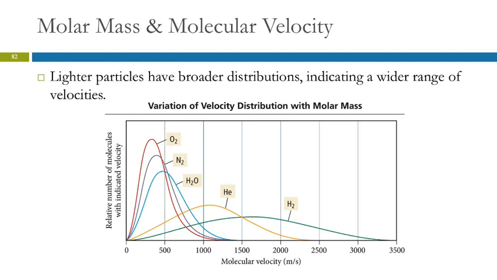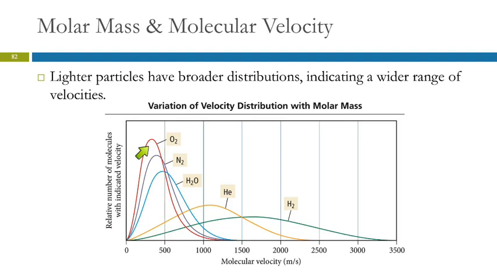Okay, so there's a relationship between molar mass and velocity. Here we've got a graph showing the relative number of molecules with the indicated velocity as a function of the velocity in meters per second. If we look at these different gases, oxygen, nitrogen, water, helium, and hydrogen, hydrogen is the smallest, it has the lowest mass, and oxygen of these has the highest mass.